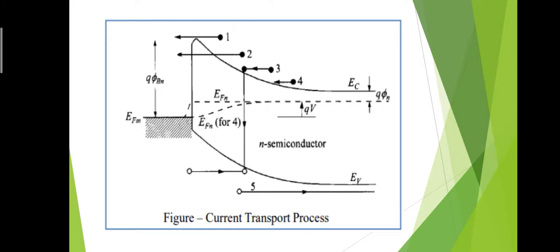As usual, E_FM is the Fermi energy for the metal, E_V is the valence band, E_C is the conduction band, q phi_n is the work function for the semiconductor, and q phi_bn is the barrier height for the metal semiconductor junction. Also in the figure is shown how the electron flows, and we know that the direction of the current is opposite to the flow of electron. So let's see, these are the current transport processes.